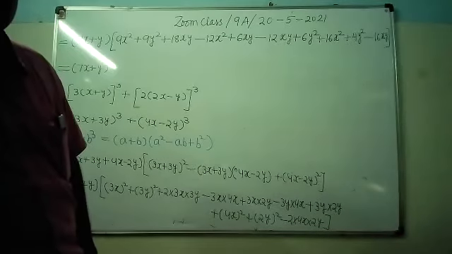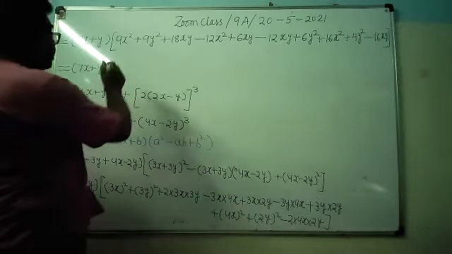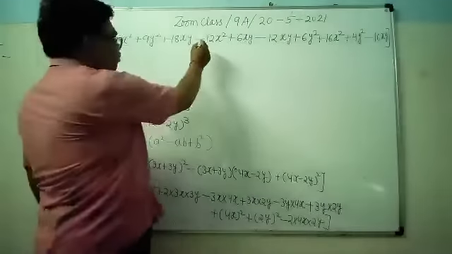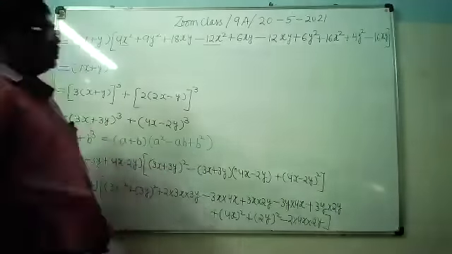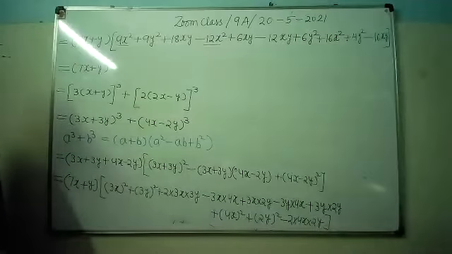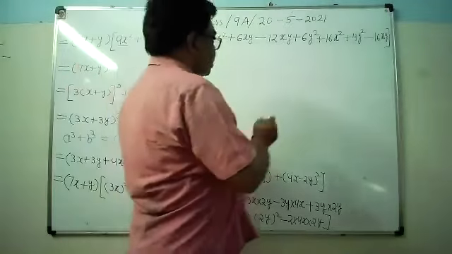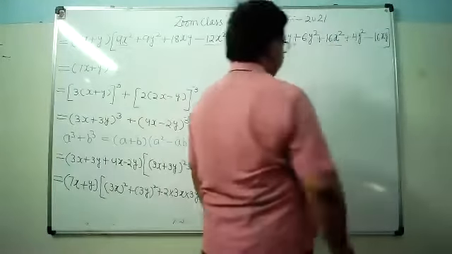So you can see 9x square minus 12x square. कितना होगा बोले? 9 minus 12, minus 3x square. Yes, minus 3x square plus 16x square.